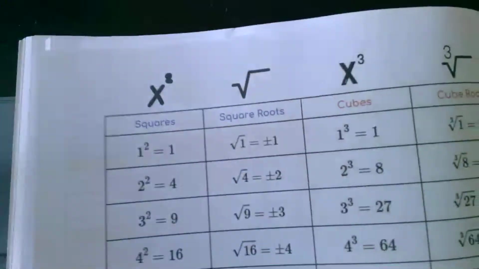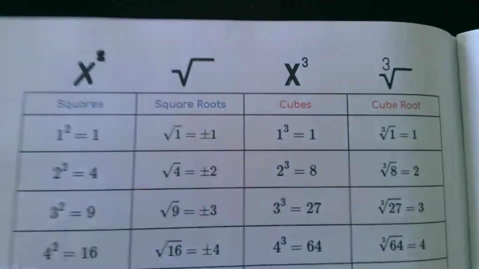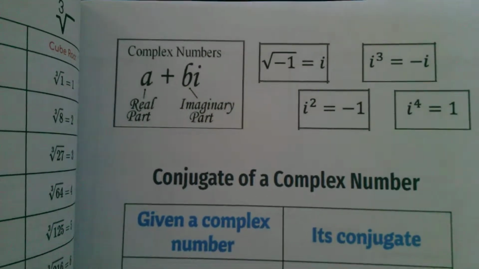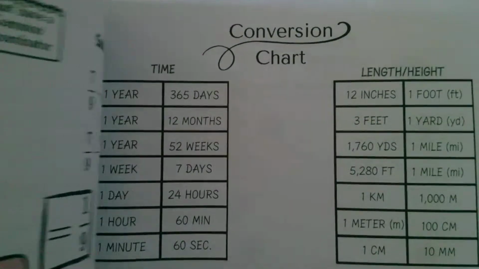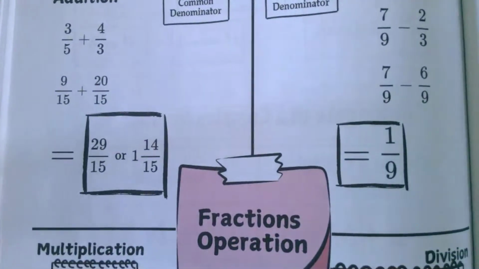So having the factor charts, having my reminders about the cubes and the squares, then also having your complex numbers. This is why I put it with my Algebra 2 stuff. Okay, we have the conversion charts, also fractions.